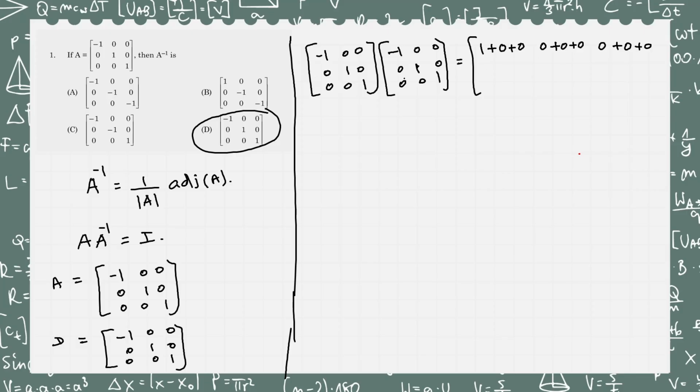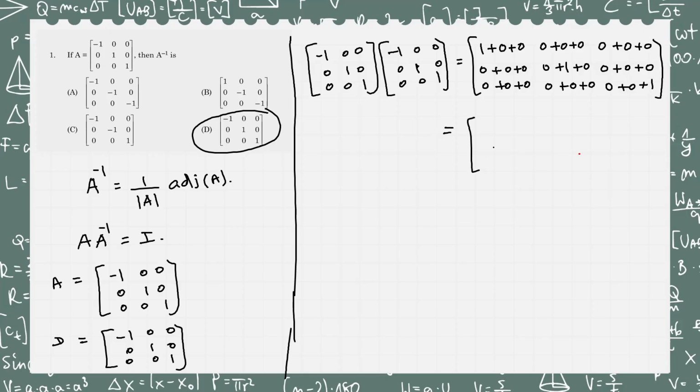Same way, second row first column answer is 0 plus 0 plus 0, and second row second column answer is 0 plus 1 plus 0, and second row third column answer is 0 plus 0 plus 0, and third row first column answer is 0 plus 0 plus 0, and third row second column answer is 0 plus 0 plus 0, third row third column answer is 0 plus 0 plus 1.